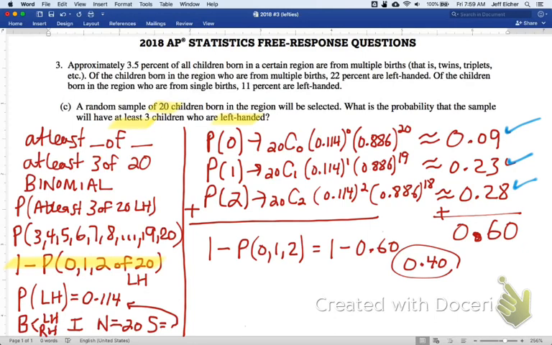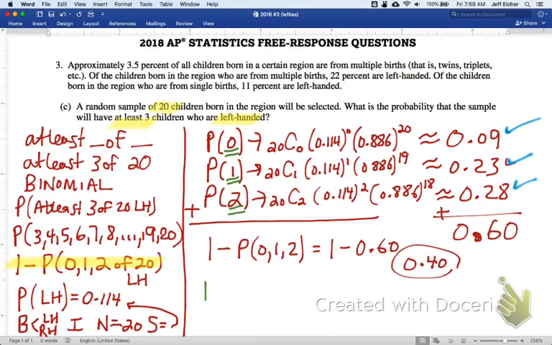Now there's another approach that I'm sure you're thinking about, and that other approach is using a binomial distribution function on your calculator. Since we have a range of discrete values here, we can use binom CDF.